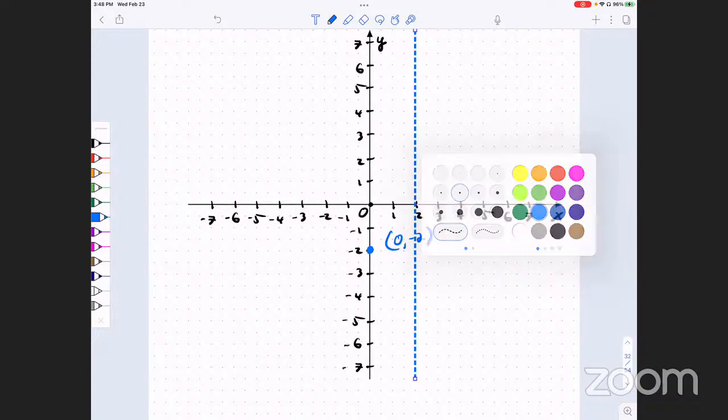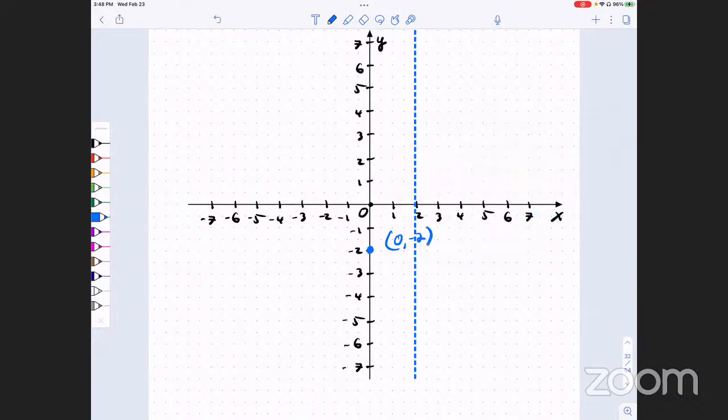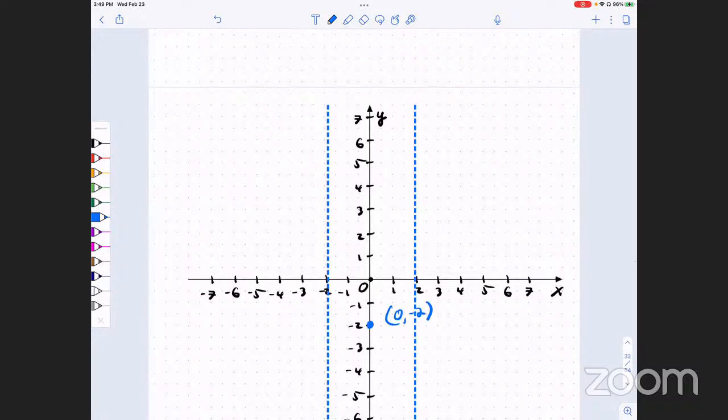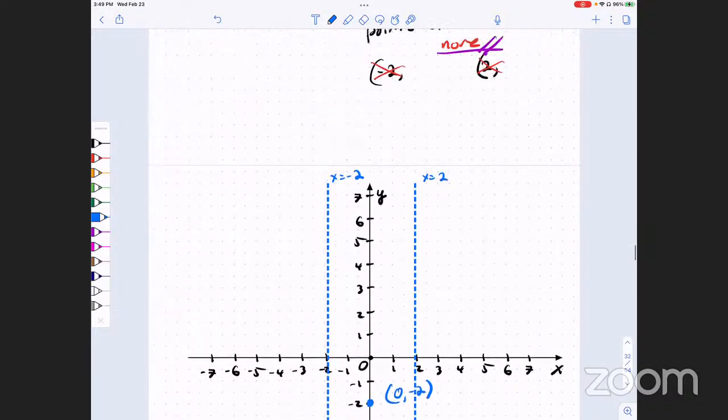Okay. And I'm just going to copy this and paste. So these are the vertical asymptotes. Okay. So we got our vertical asymptotes.